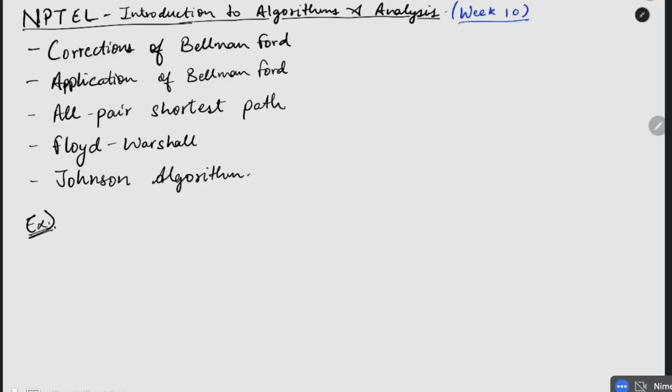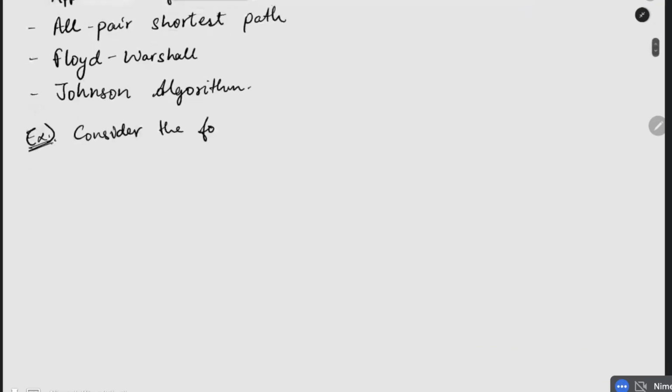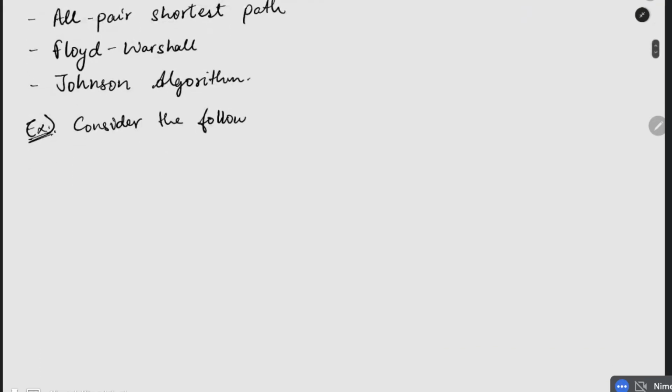So let's say we start by this. Consider the following graph. Right. So we have A connected to B with a weight of 4, and this is a directed graph.